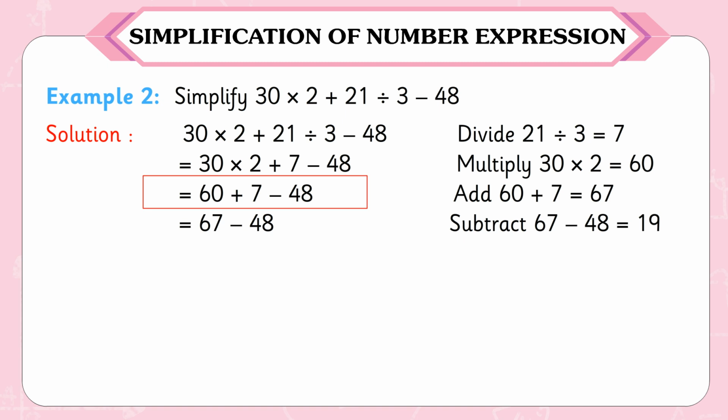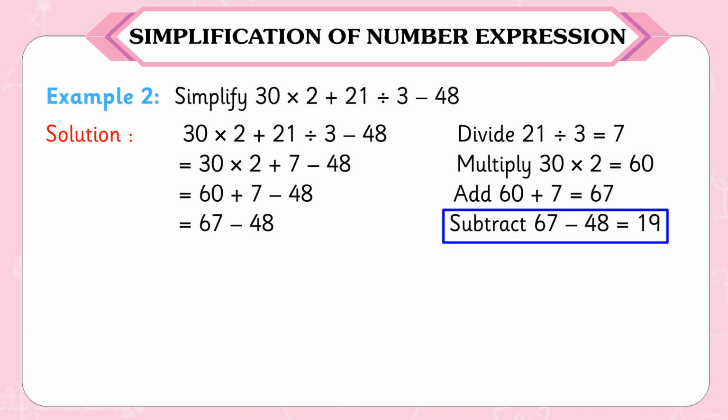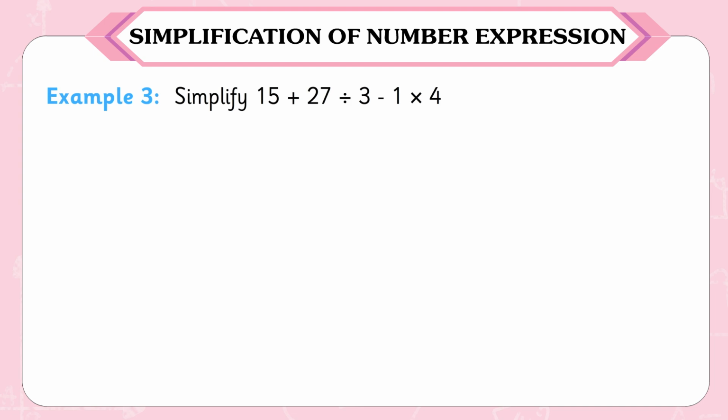Is equal to 60 plus 7 minus 48. Add: 60 plus 7 is equal to 67. Is equal to 67 minus 48. Subtract: 67 minus 48 is equal to 19. Answer 19. Example 3. Simplify 15 plus 27 divided by 3 minus 1 into 4.